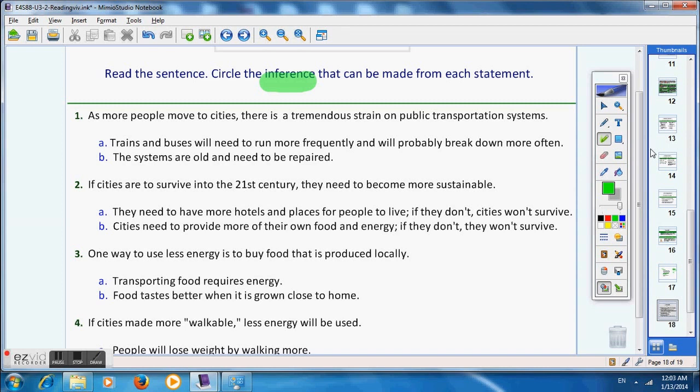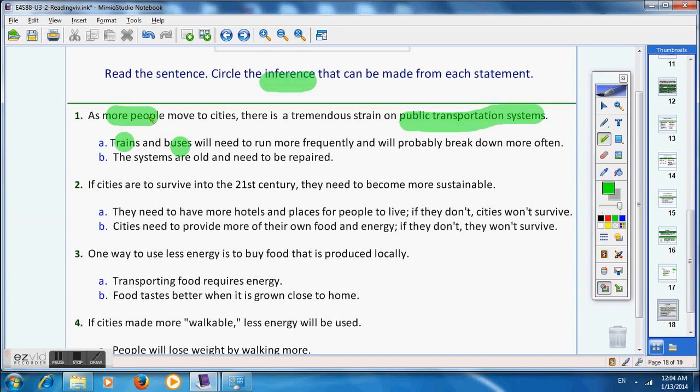The answer is letter A. Why letter A? Letter A talks about public transportation systems. Trains and buses are examples of public transportation systems. And we talk about more people here. So if there are more people, it means you need to have more transportation systems. They need to use more transportation.